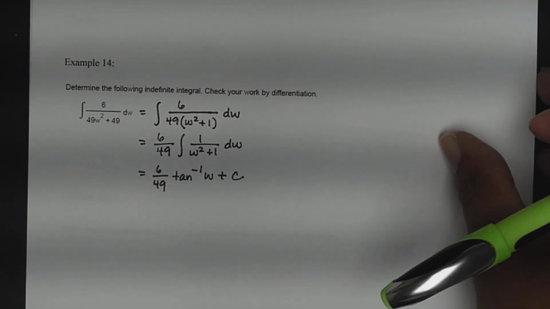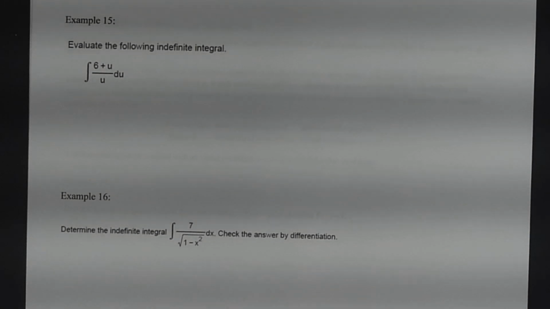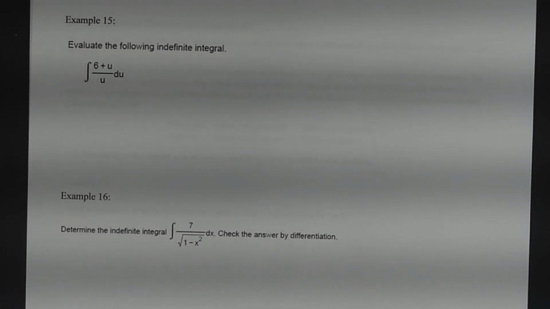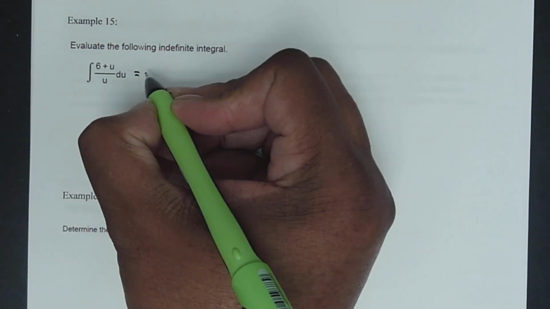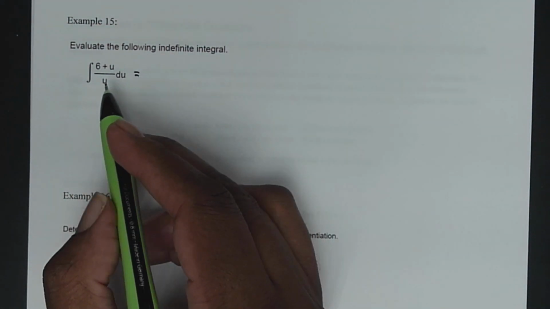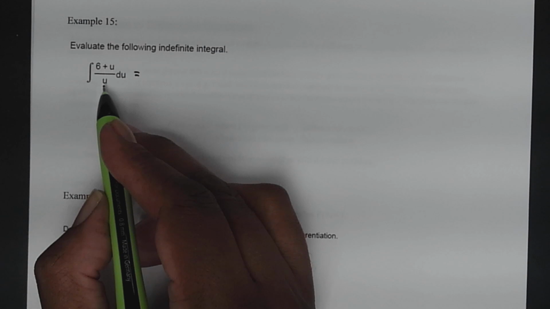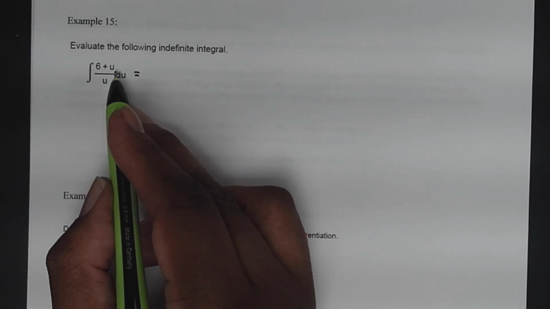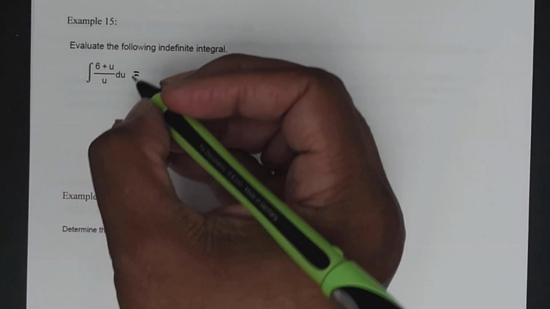Okay. All right, let's look at the next example here. Let's say we have the integral of 6 plus u divided by u du. In this case here, I have a monomial in the denominator. I can take each term in the numerator, divide that by the u in this case.